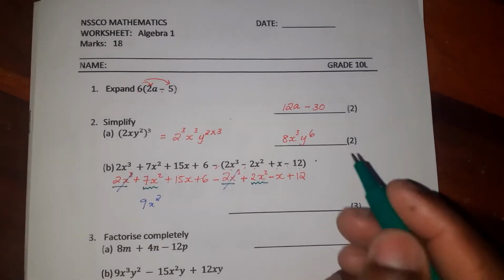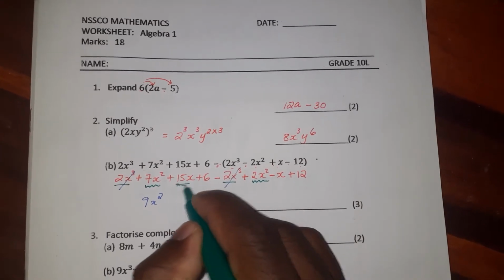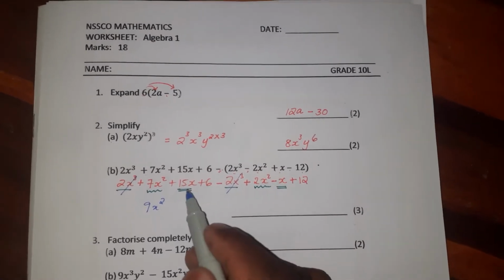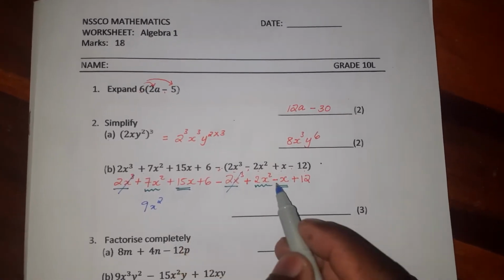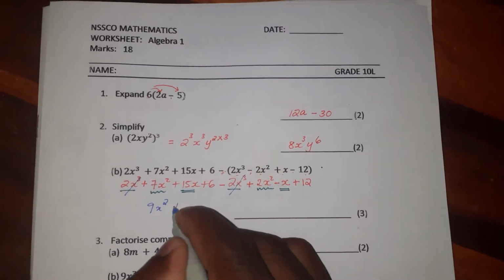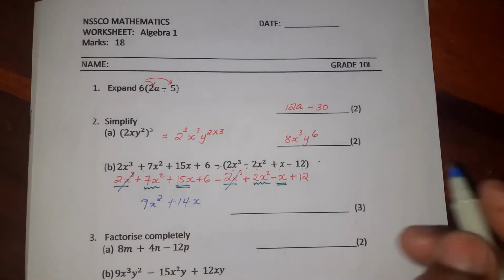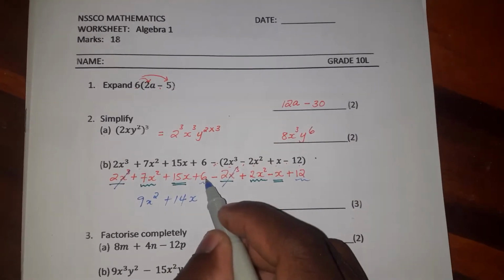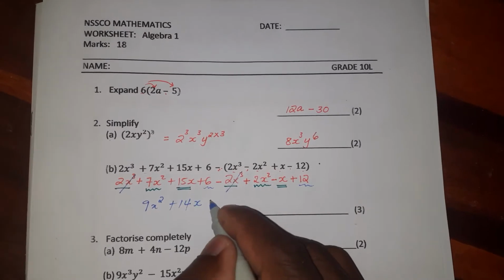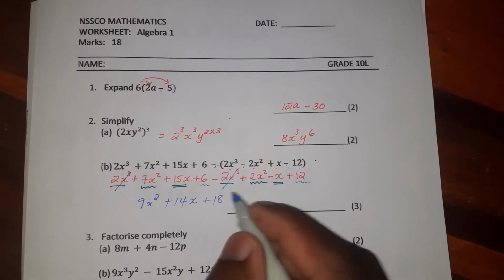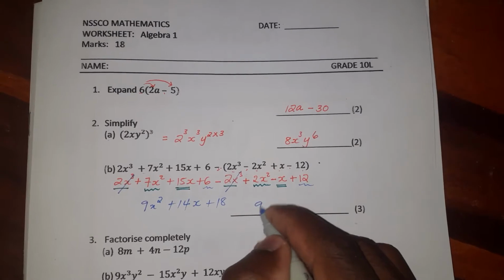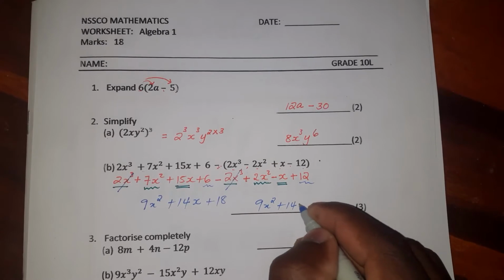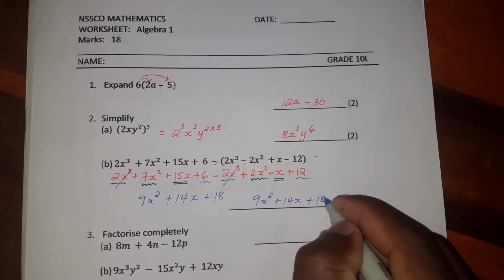And we also have 15x and negative x. That's positive 15x minus x, we get positive 14x. And the last one, positive 6 plus that, we get positive 18. Therefore the final answer is 9x squared plus 14x plus 18.